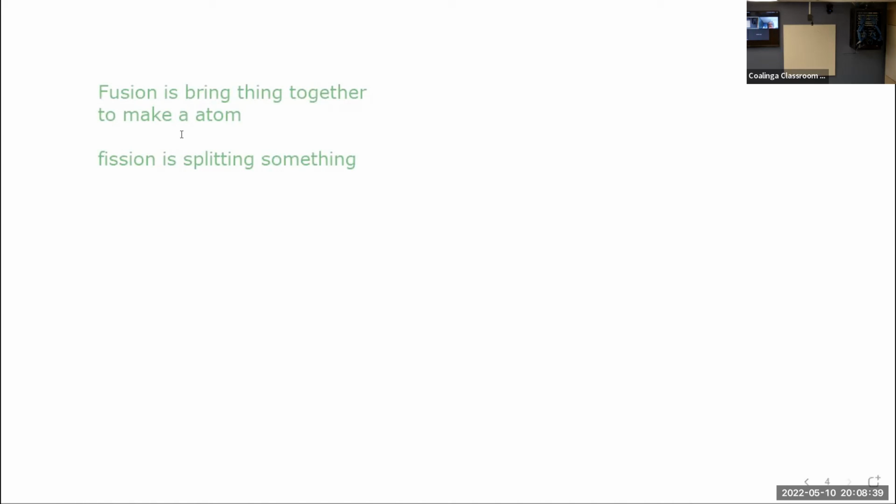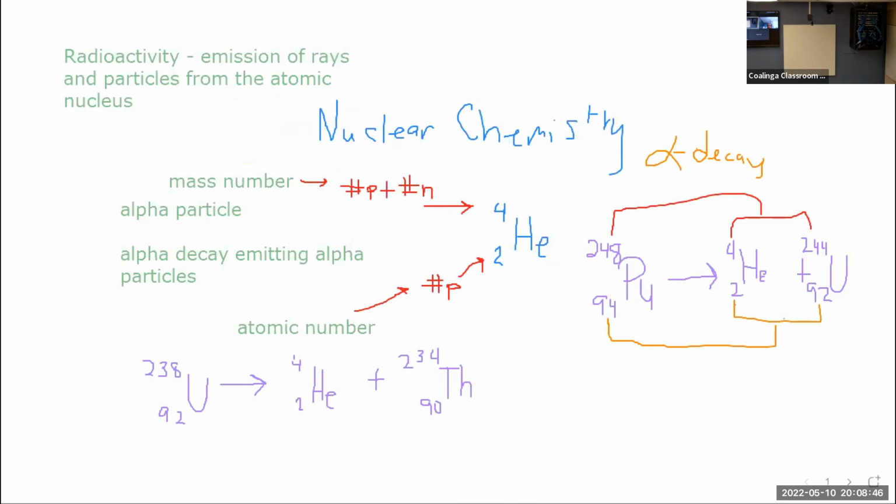Okay, so this guy here, is this fission or fusion? Which one? The one on the bottom? Yes, the one on the bottom. Oh, it would be fission.